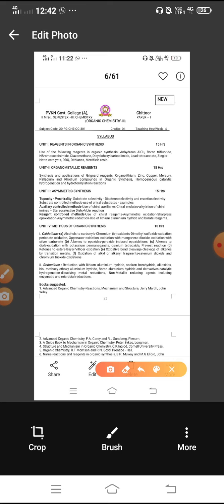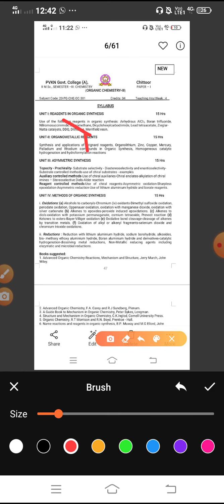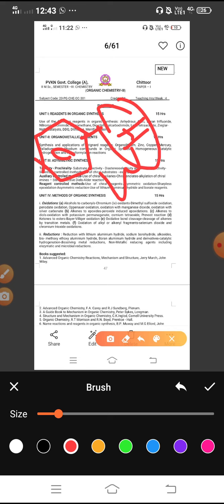We know the benzylic position. For example, benzene containing a CH3 group is called toluene. In this toluene, this is the methyl group. This carbon in the methyl group is called a benzylic carbon.